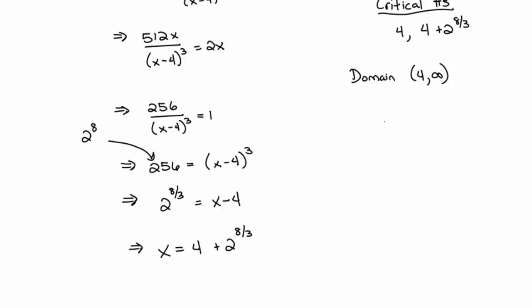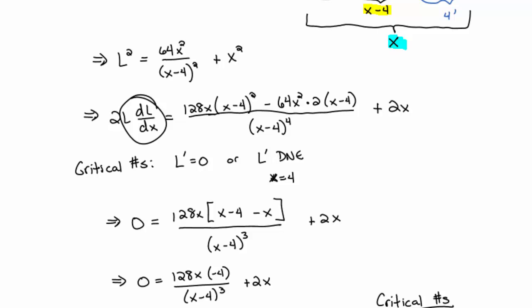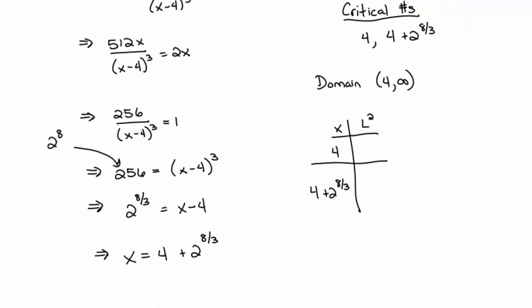Critical numbers. So let's take a look at the values X versus L squared. It's our function's L squared, not L. So if you plug in 4 versus 4 plus 2 to the 8/3, you can't plug in 4 to our original function here because there's a domain error, so it does not exist.